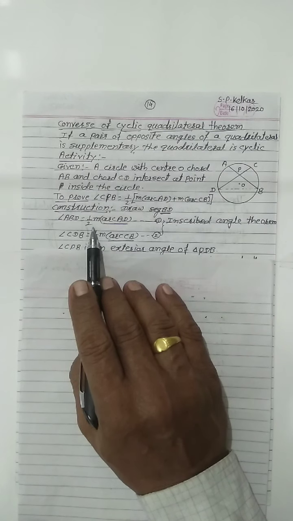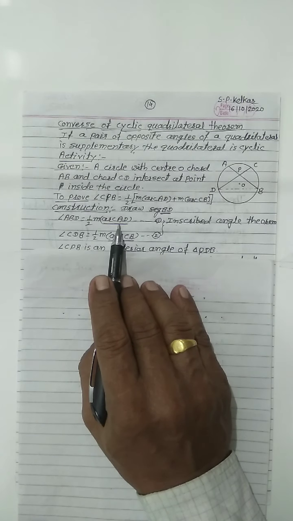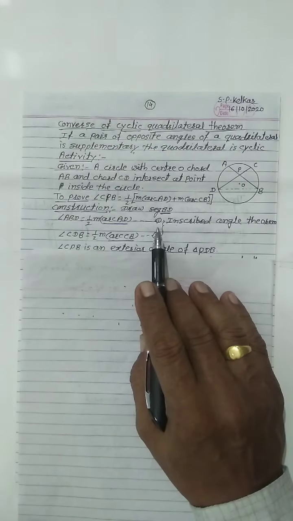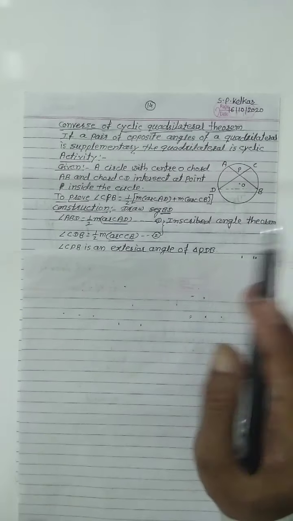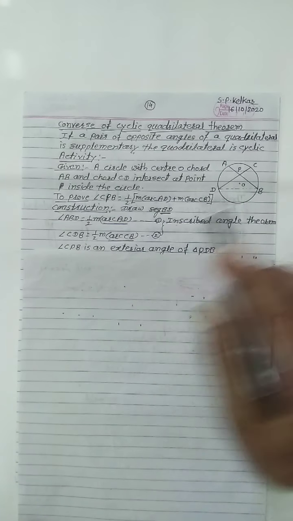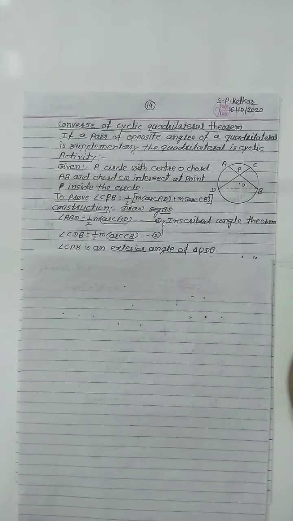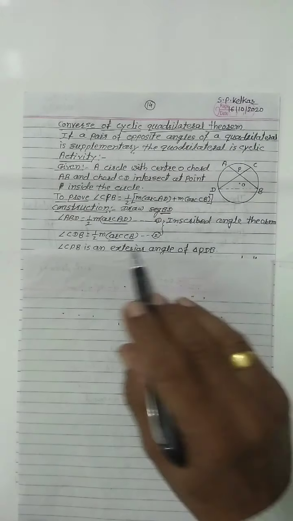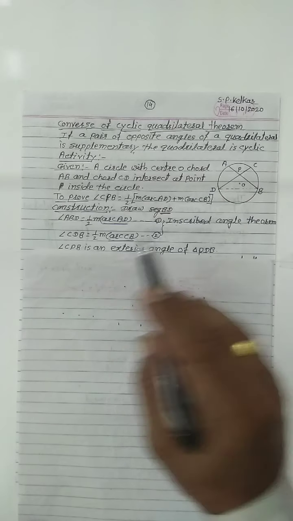Angle ABD equals 1 by 2 measure of arc AD, equation number 1, inscribed angle theorem. Then angle CDB is also an inscribed angle, equal to 1 by 2 measure of arc CB.